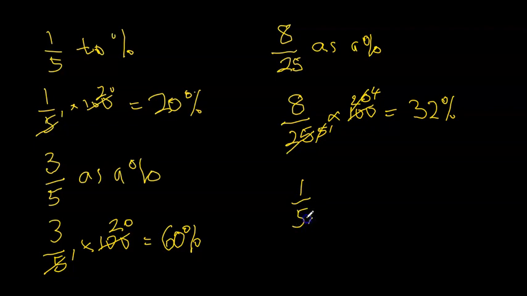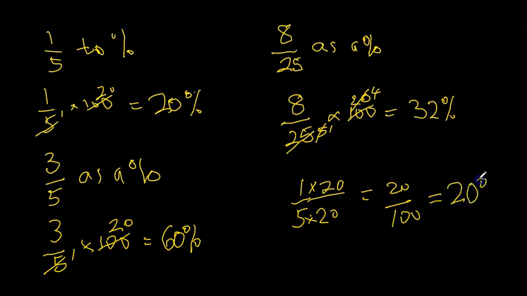We can do that by multiplying the denominator by 20, and then we repeat it in the numerator. So in the end, we got 20/100, which is 20%.